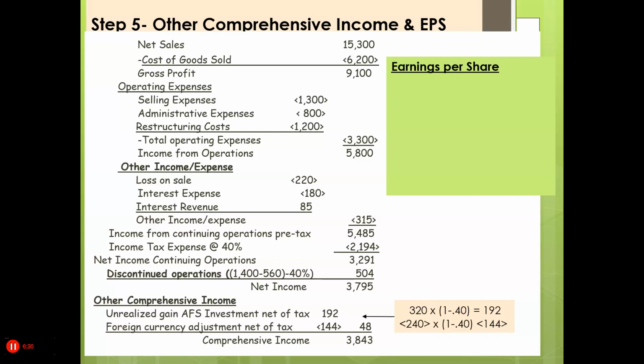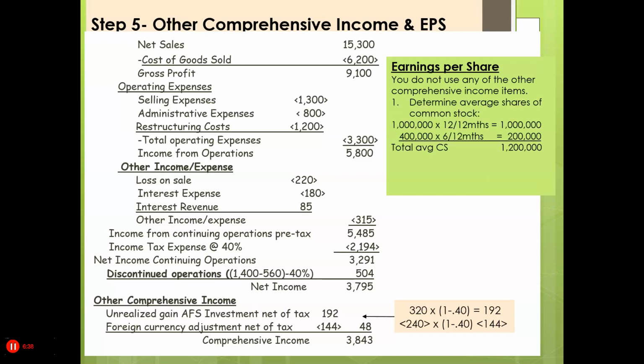Now, earnings per share. Remember, you do not use any of the other comprehensive income items in determining earnings per share. So, we first determine the average shares of common stock. We had 1 million for the whole year, and we had 400,000 for half the year. So we have an average of 1,200,000.